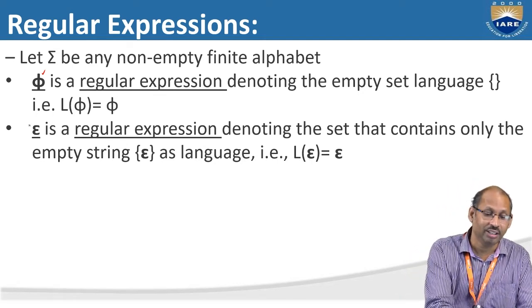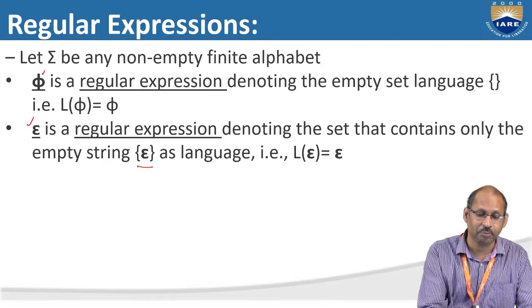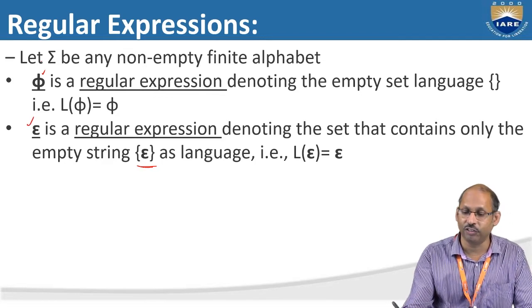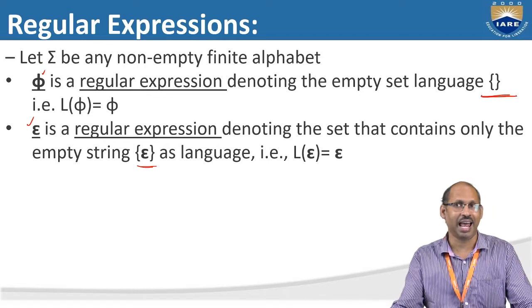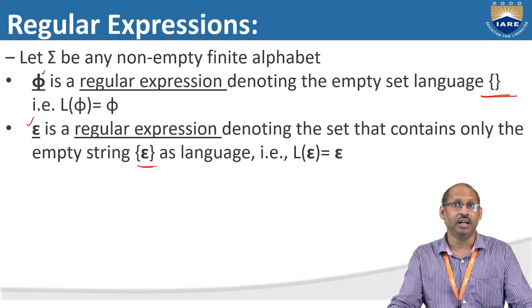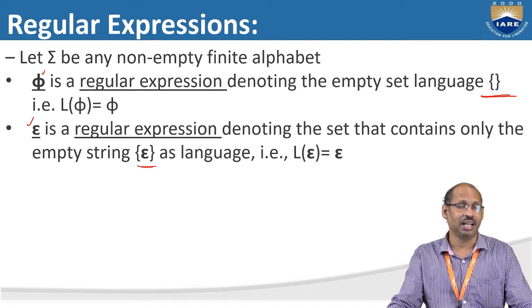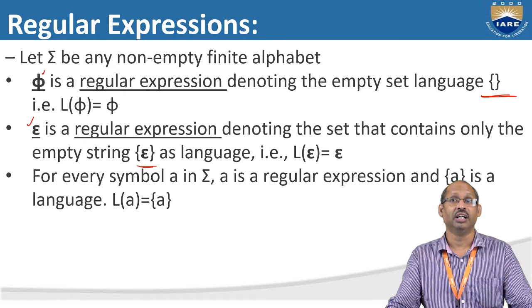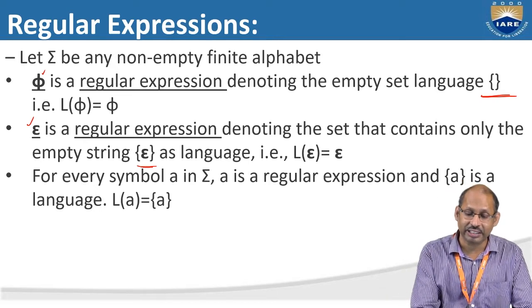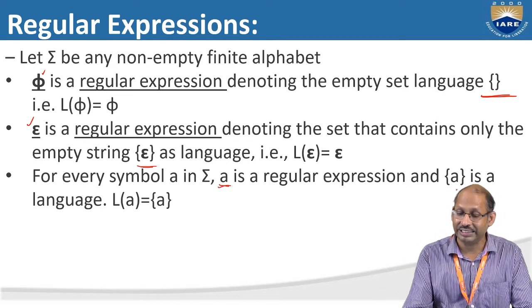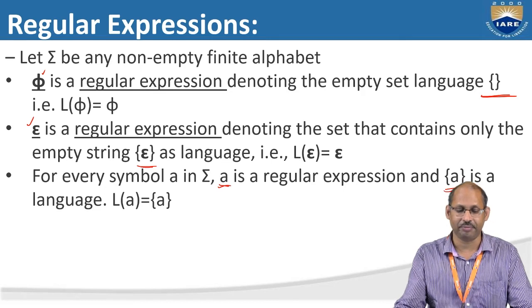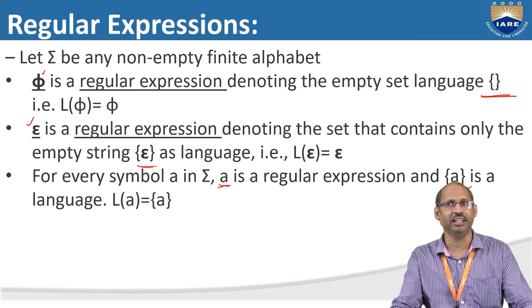Here phi is for the empty set language and epsilon is for the empty string. Then A is a regular expression for a language containing A.